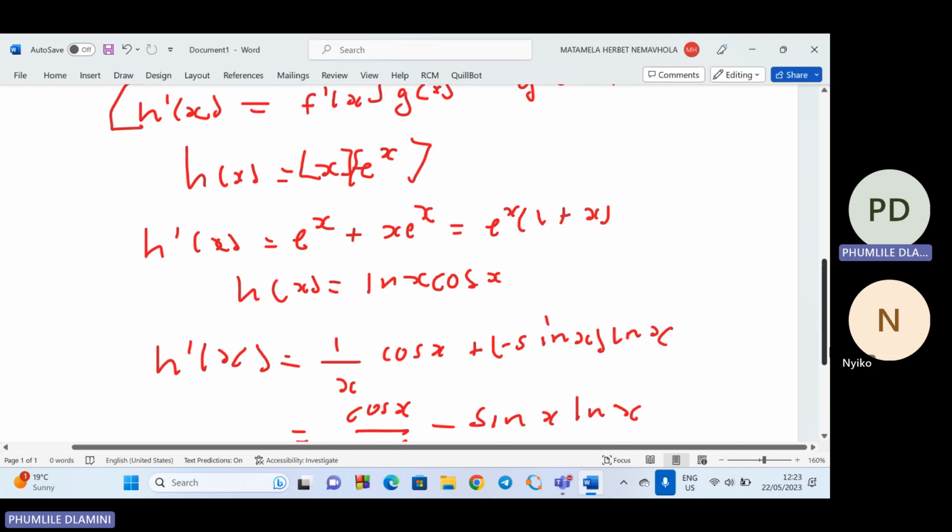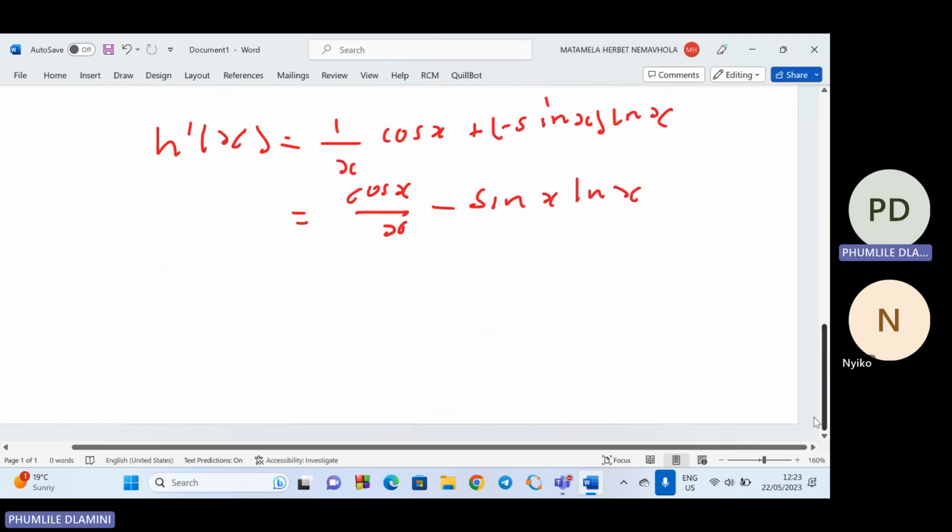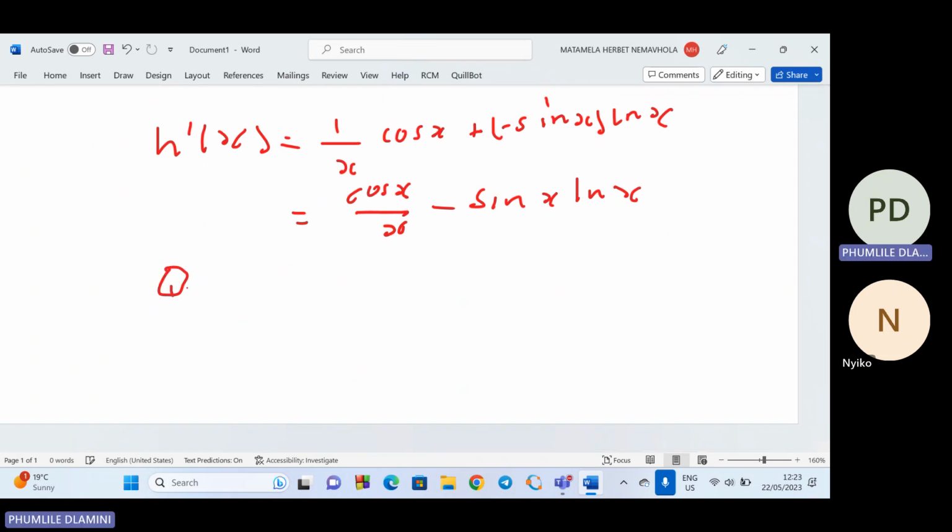Now we have talked about the product rule. Then we're going to go to the quotient rule.